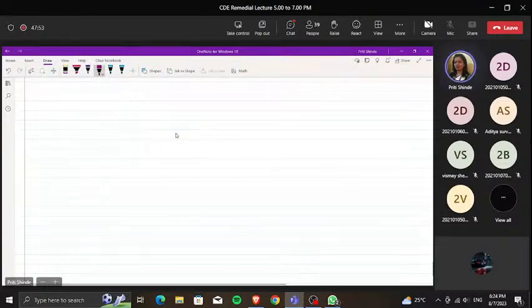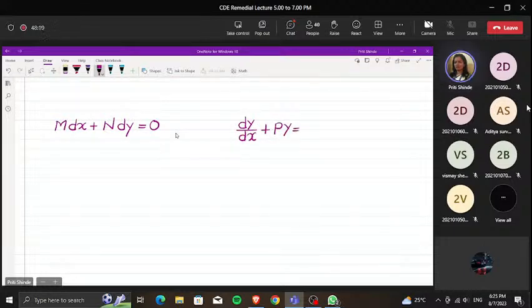So two types: m dx plus n dy is equal to 0, and the second type dy by dx plus py is equal to q. Similarly, you can write down linear in x also.